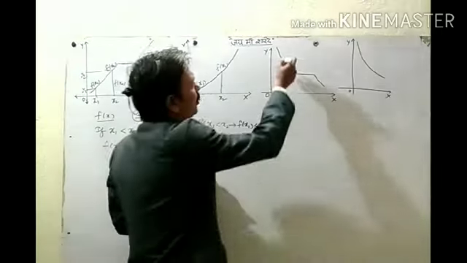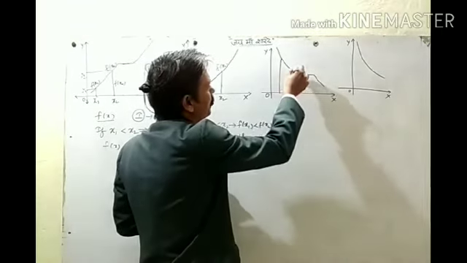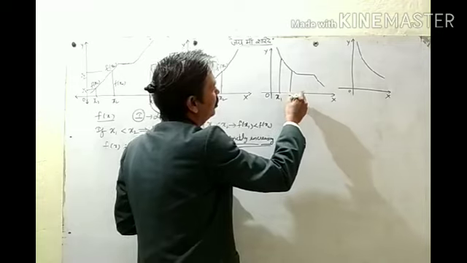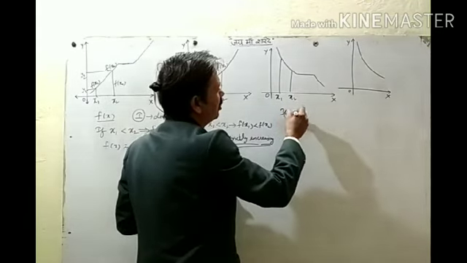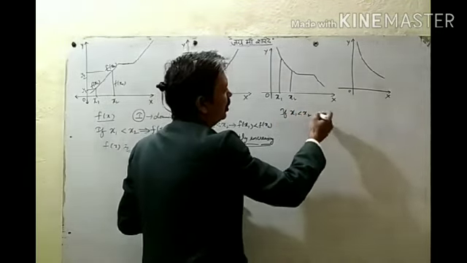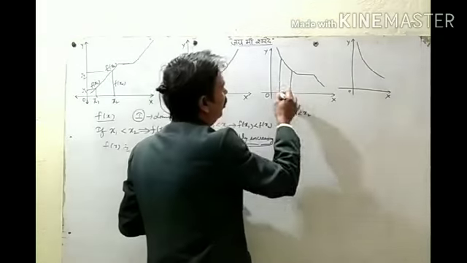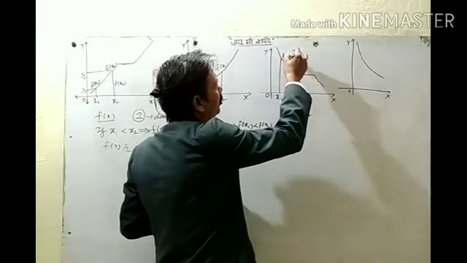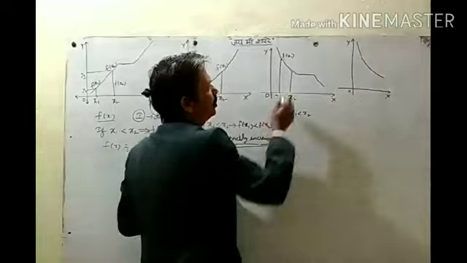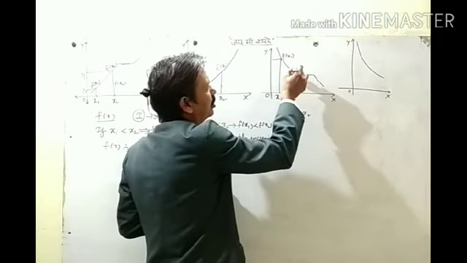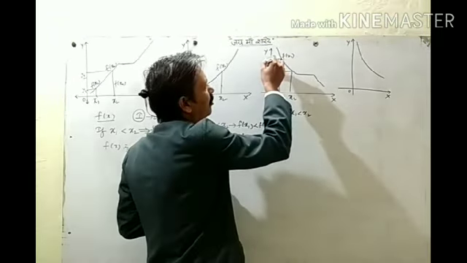Then for some values of x1 and x2, again if x1 is less than x2, what does this imply? The values of the function f of x1 and f of x2, now y1 and y2.